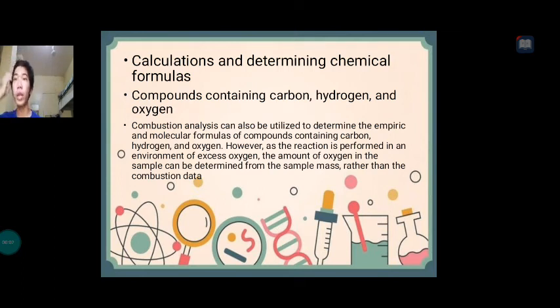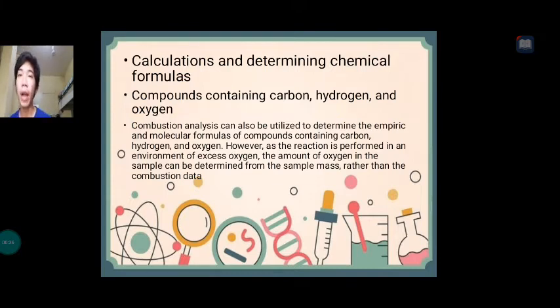Okay, so for the continuation, the calculations and determining chemical formulas for compounds containing carbon, hydrogen, and oxygen. Combustion analysis can be utilized to determine the empirical formula. The empirical formula of a chemical compound is the simplest whole number ratio of the atoms present in a compound, and the molecular formula is the number and type of atoms containing carbon, hydrogen, and oxygen.